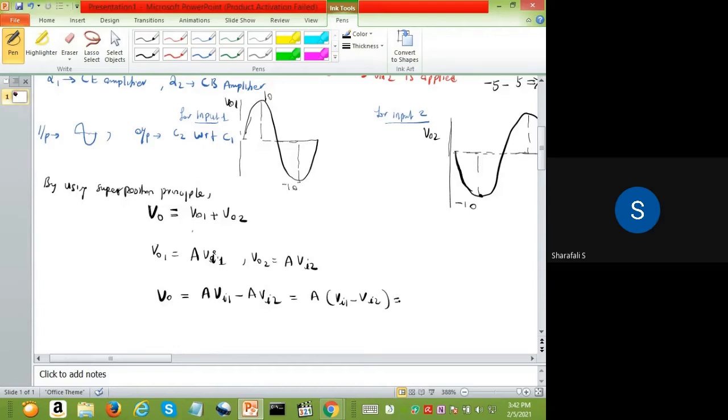And this I can further write, considering both transistors as identical, as A times VID, where VID is VI1 minus VI2.